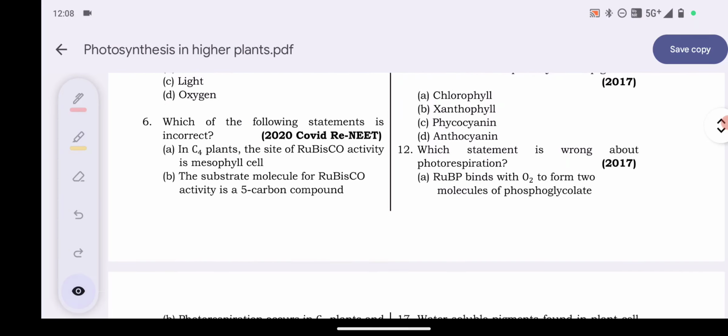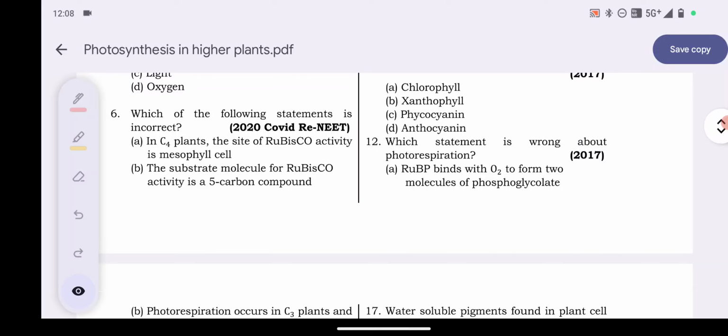Next one, question number 6. Which of the following statement is incorrect? In C4 plant, the site of Rubisco activity is mesophyll cell. The substrate molecule for Rubisco activity is a 5 carbon compound. ये स्टेटमेंट गलत लग रहा है पहला, ये सही है.